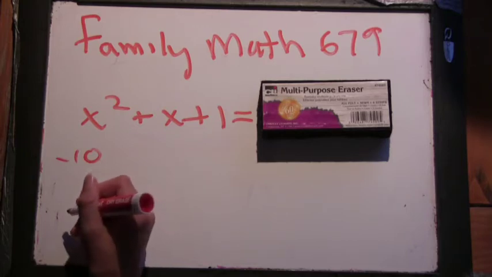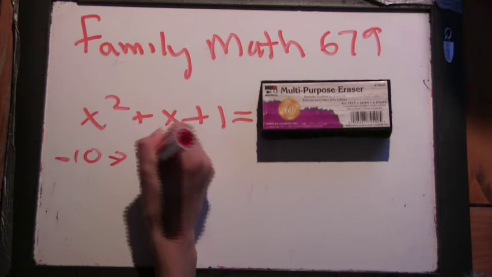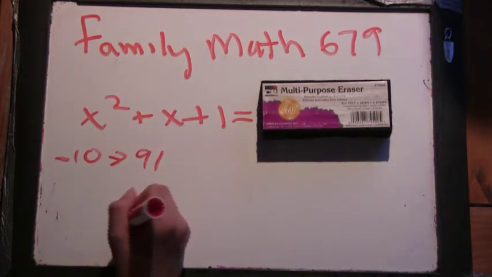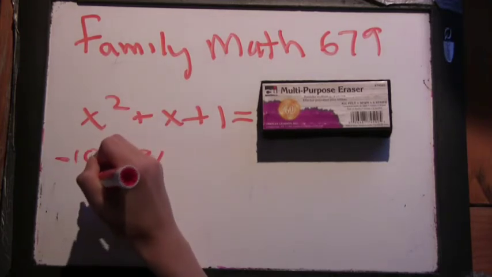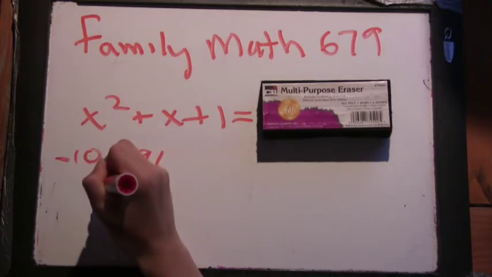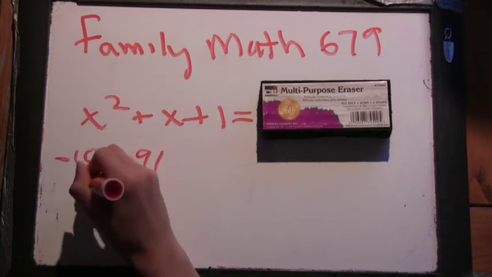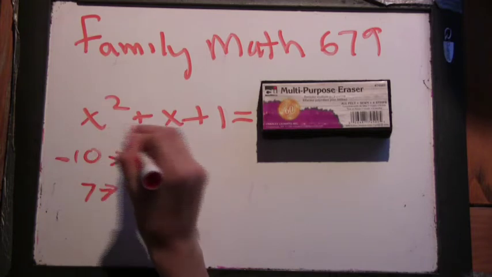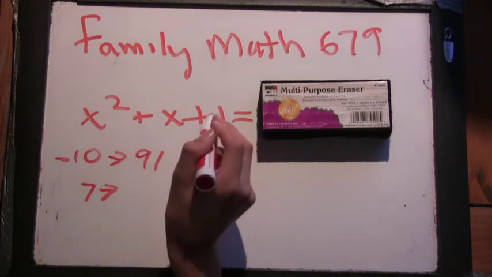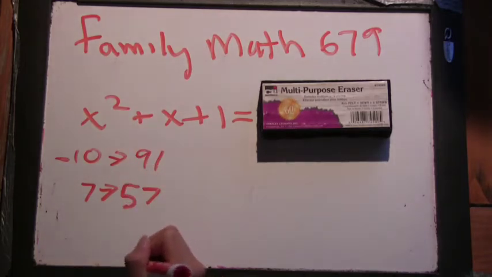What was the value when we put in -10? It was 91. Okay, great. So 7 squared is 49, plus 7 is 56, plus 1, that's 57.